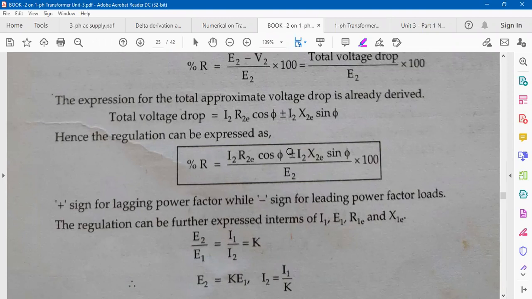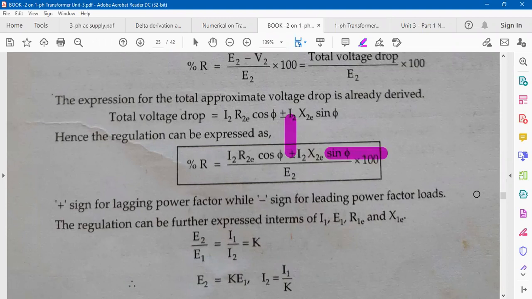So if the imaginary part is positive, will phi be positive or negative? Phi we get positive. Phi is tan inverse of imaginary part upon real part. So phi is positive, and the sign of plus phi will be plus sin phi, positive. What is its meaning? The plus sign you have to use for lagging power factor.